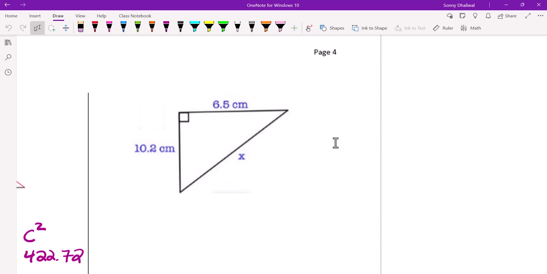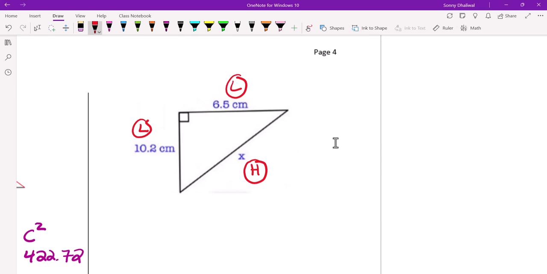Being able to identify the hypotenuse is going to help you figure out which formula to use later on. So there's going to be two formulas that you have to work with, right? That means the other two sides are your legs, your A's and your B's.